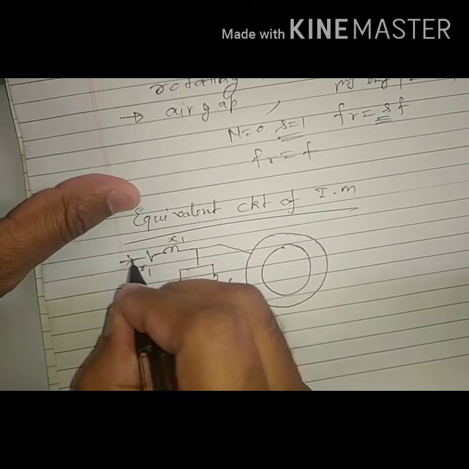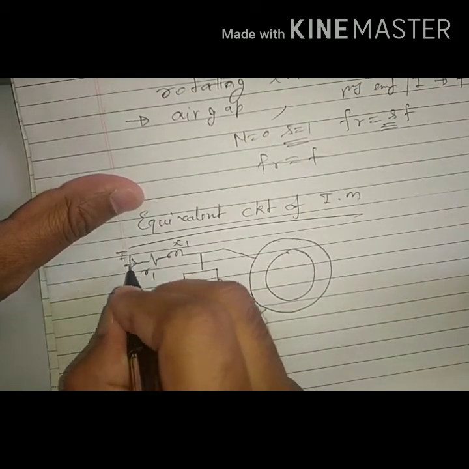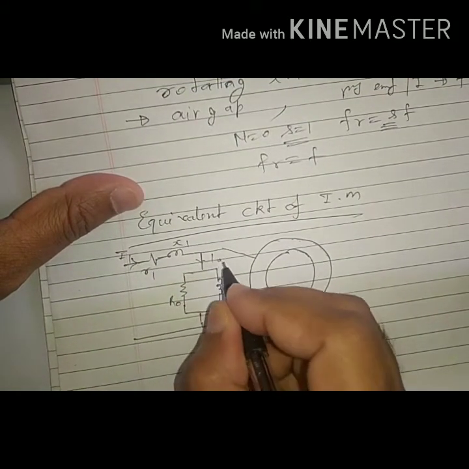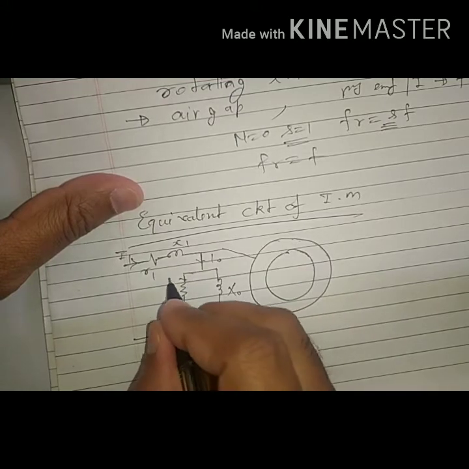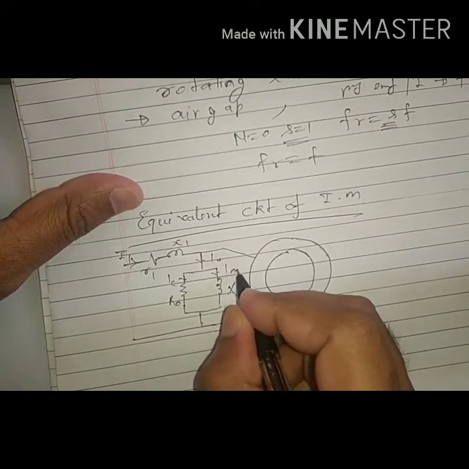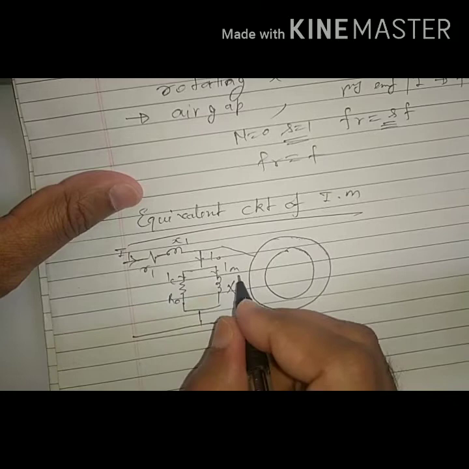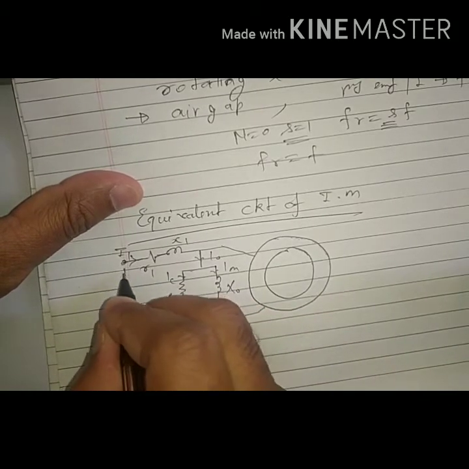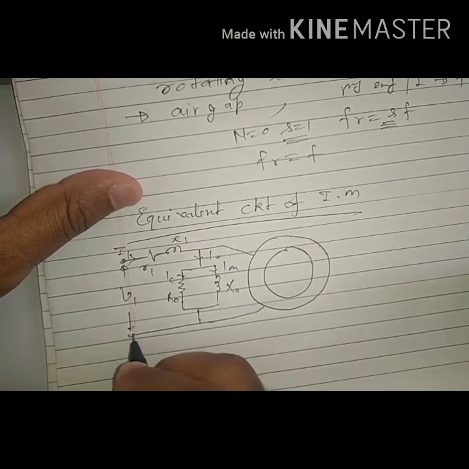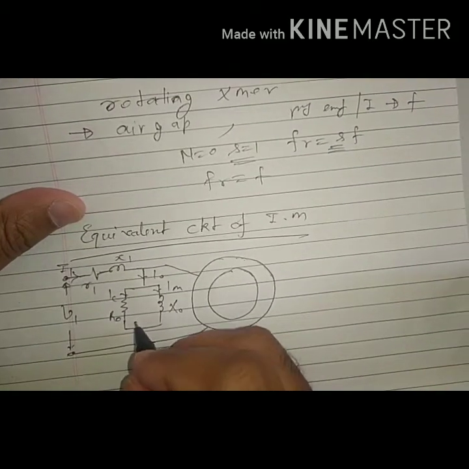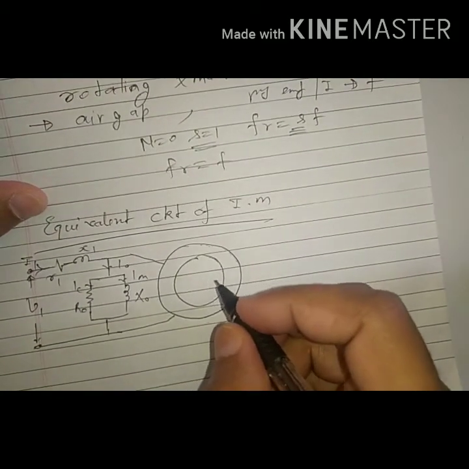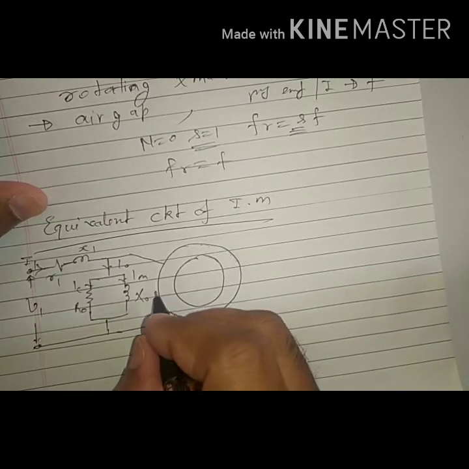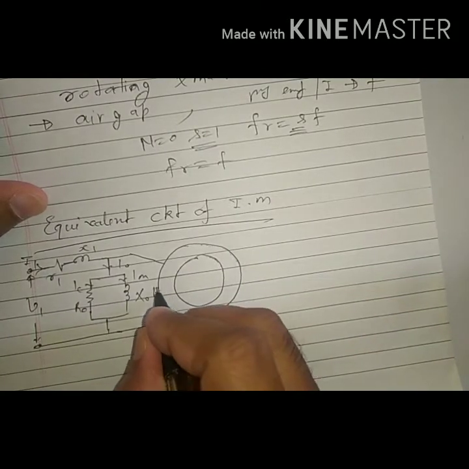Here the current we can say is the stator current I1, and here the current will be I0, that will be distributed as IC and IM, the core loss component and the magnetizing component. Supply voltage is V1. So this is the stator side circuit, and here the EMF will be E1.